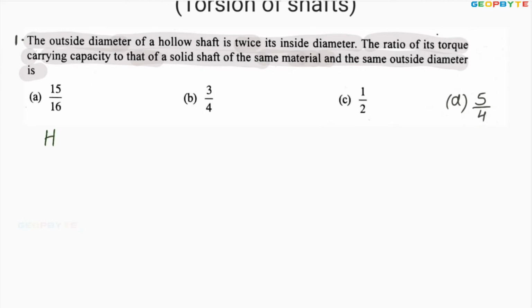For the hollow shaft, outside diameter capital D equals twice the inside diameter.